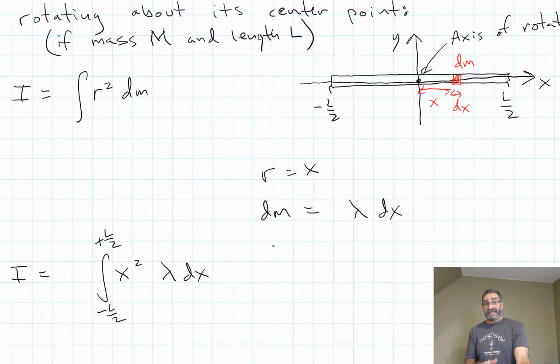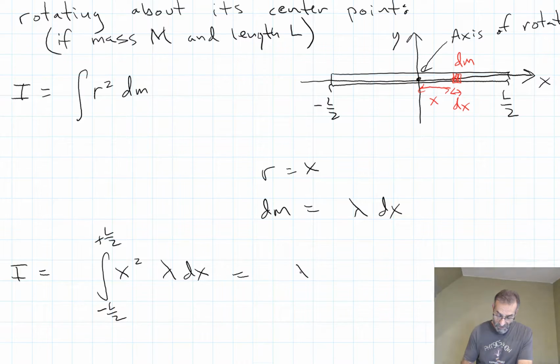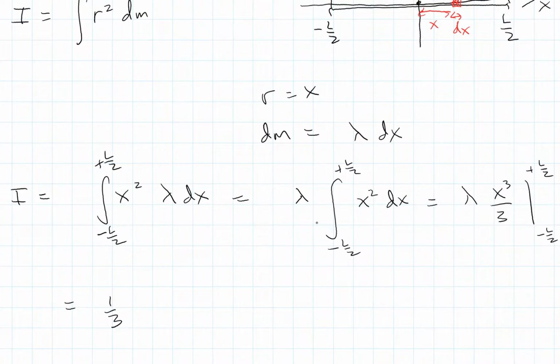Now I ask myself, is lambda constant? If it is, it comes out of the integral. If it's not, I'm probably given some function for it, and I can just plug that function in here. And then it changes my integral slightly. In this case, it's constant. It comes out. I've got this 1/3 here. My lambda is the total mass over the total length.